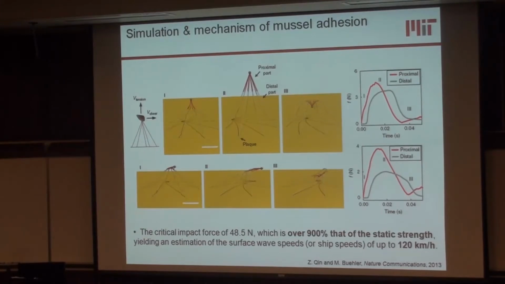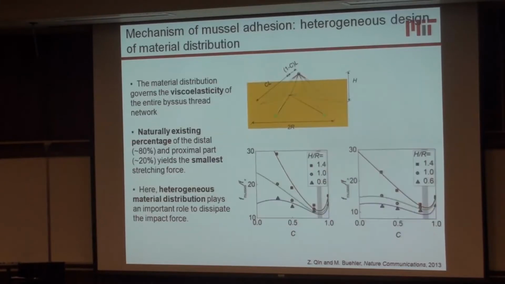And once we systematically increase the impact velocity, we find that the critical impact force is 48.5 Newton, which is over 9 times that of the static strength. If you recall, the static strength is 5 to 6 Newton for those mussel adhesions.